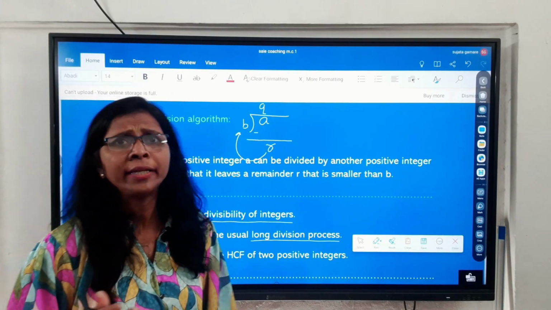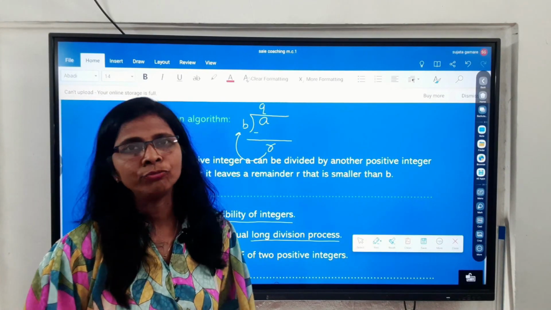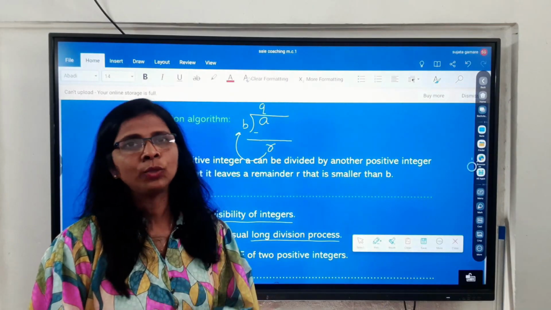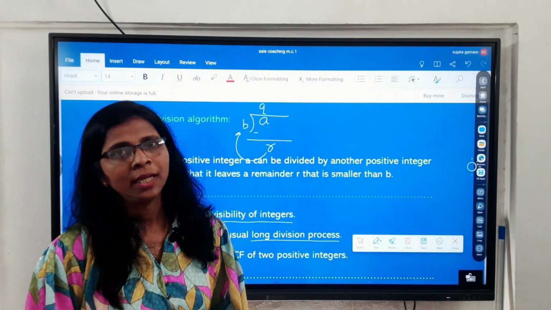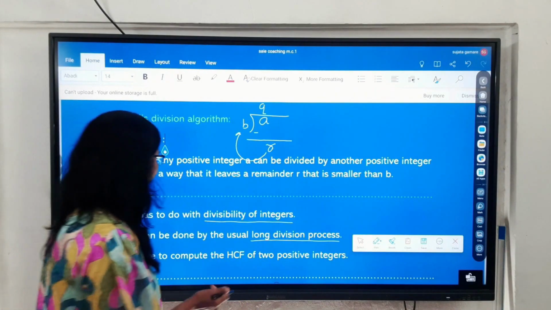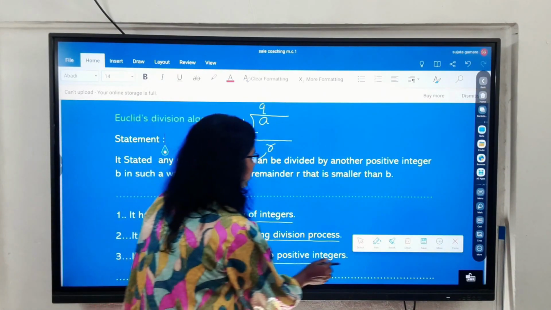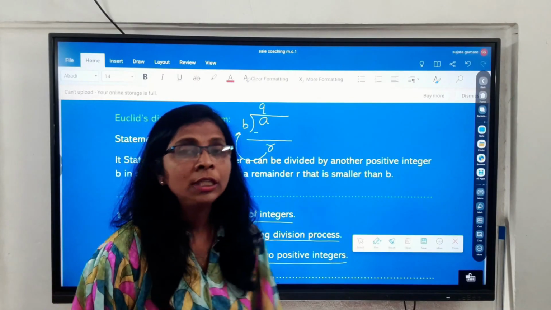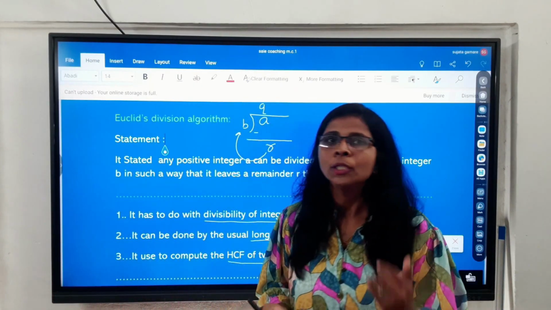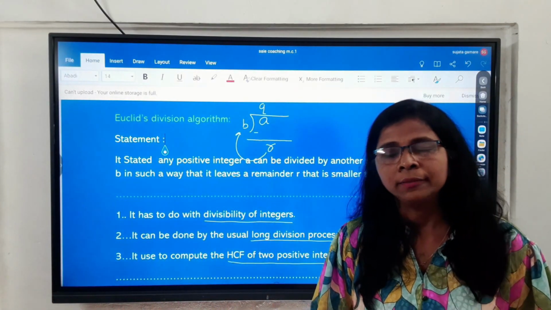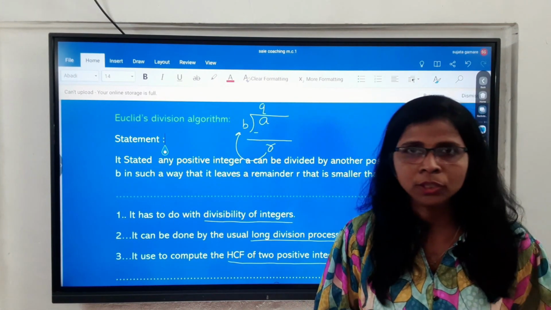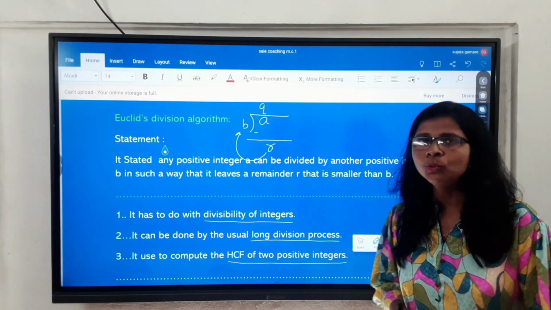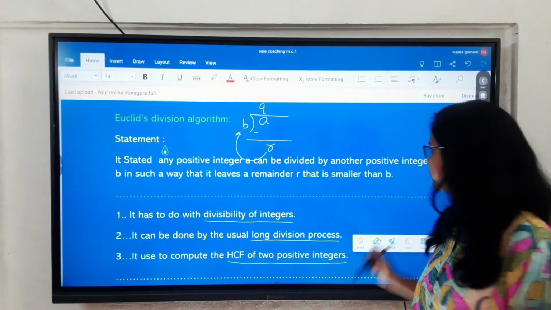If you want to find out the divisibility of integers, then this Euclid's division algorithm is applicable. And the third one, if you want to find out the HCF of two given integers, then also it is applicable. Okay, got it, students? Now come to the next point.